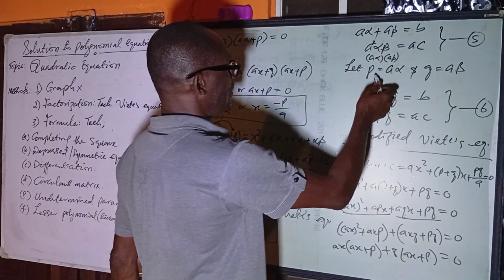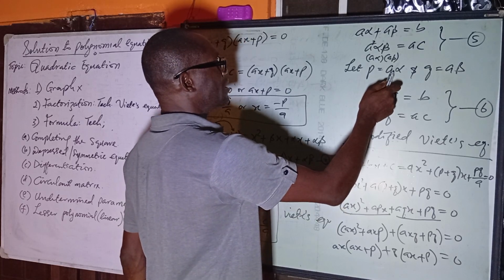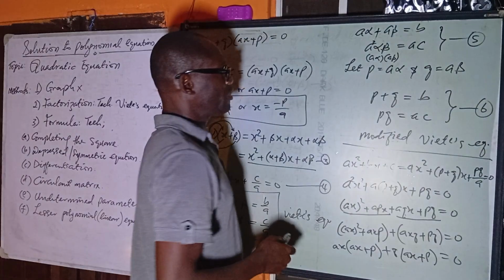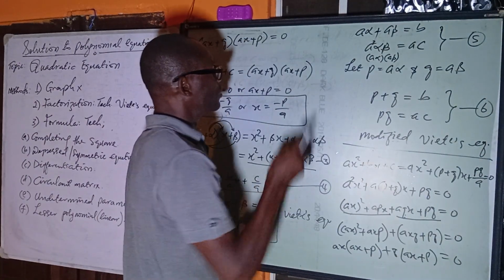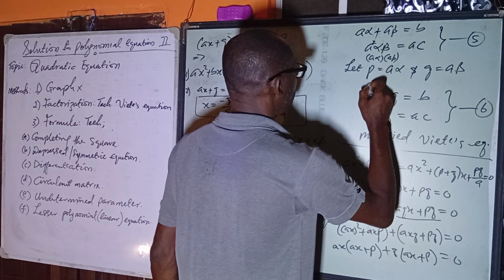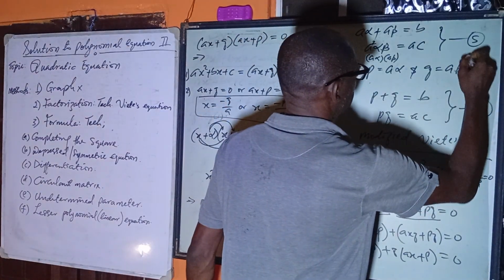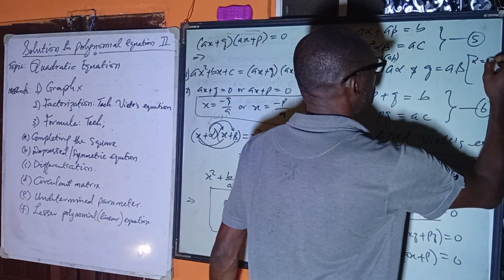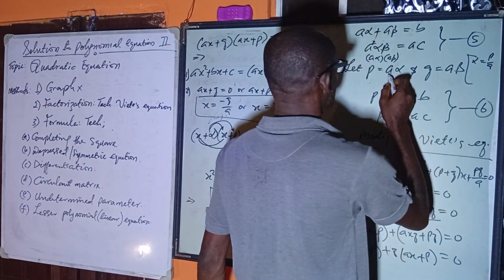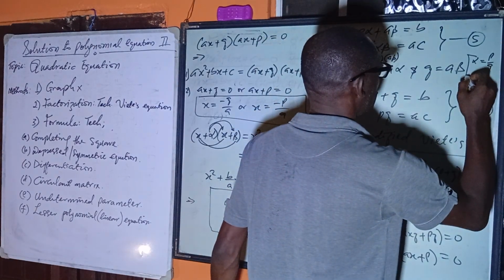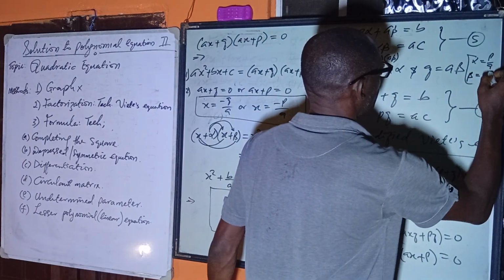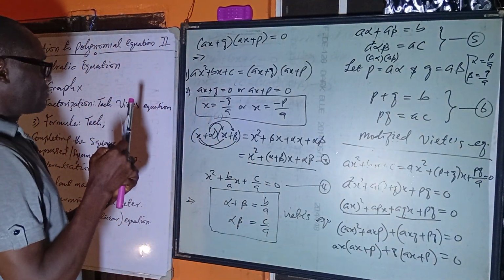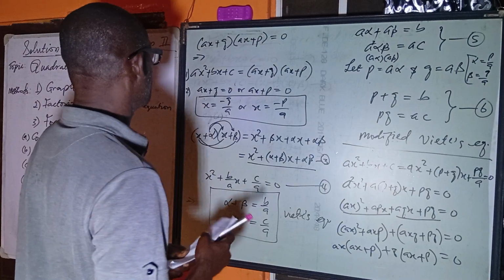Of course, you can get that from here. Remember, we said alpha and beta are the roots of that quadratic equation. So by implication, alpha is equal to p over a, and beta is equal to q over a.